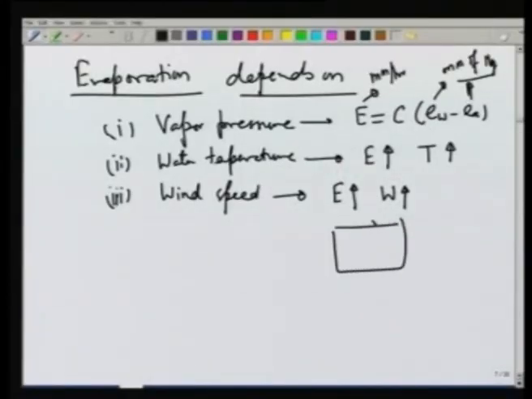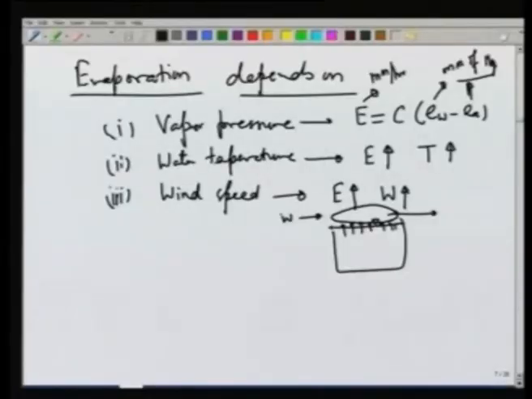For example, if you take a water body like this and there is a wind velocity W here, then when the wind speed is sufficient to carry this air away from the water surface and maintain the evaporation rate, beyond that speed there will be no change in evaporation rate.